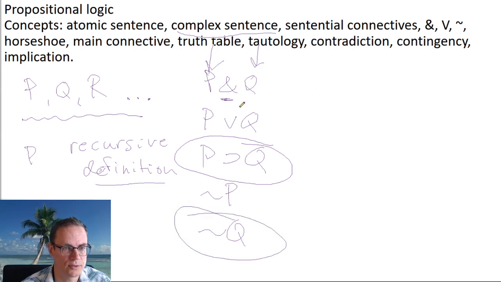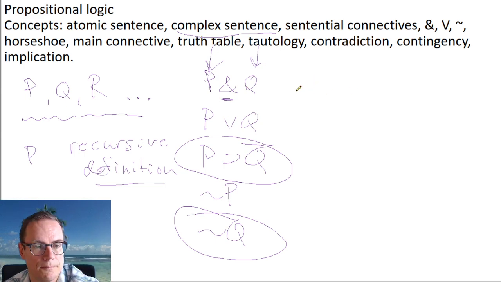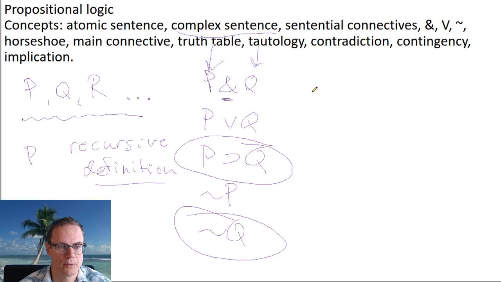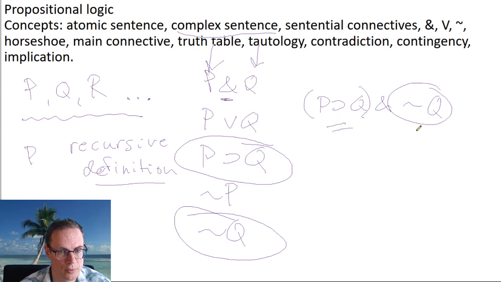So we can take those and put an and between them. So I can say P horseshoe Q and not Q. So I just combined two well-formed formulas with this connective, and the result is also well-formed.